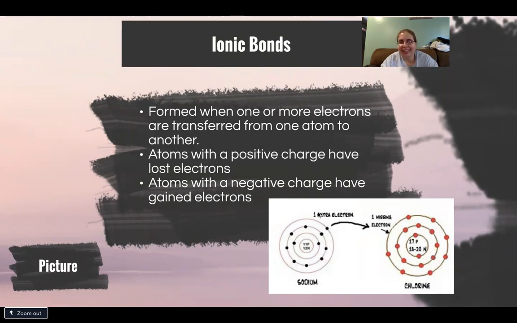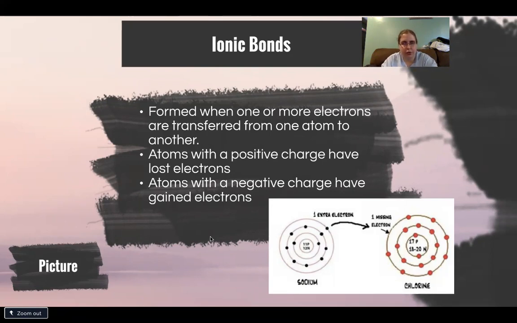Chlorine picks up that free-floating electron and adds it to itself, giving it a negative charge. So we have a positive charged atom and a negative charged atom. And just like magnets, positive and negative attract, and that attraction will keep them bonded together.